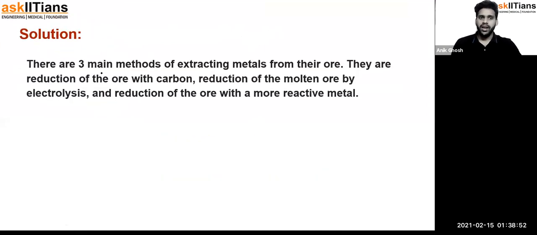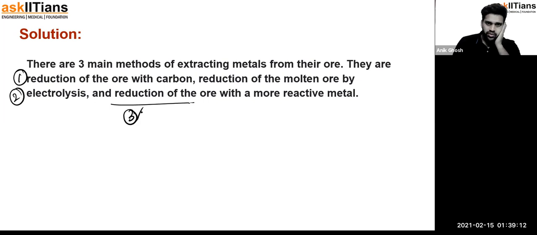The answer is there are three main methods: reduction of ore with carbon, reduction of the metal's ore by electrolysis, and reduction of the ore by heat. This is how you can extract the metals. So there are three main methods.